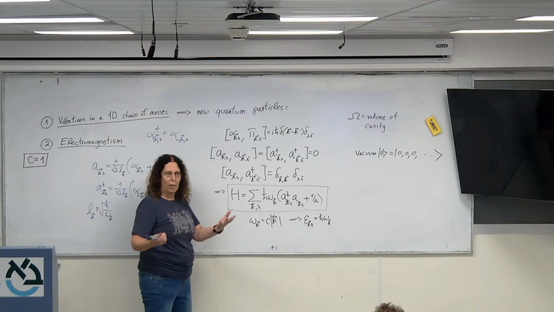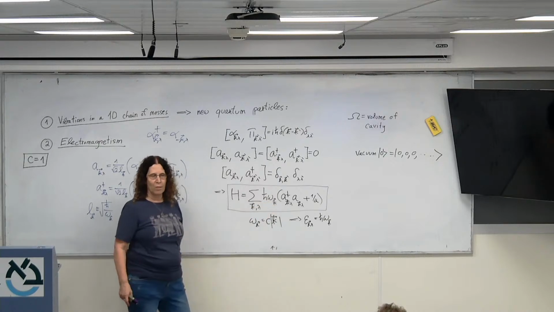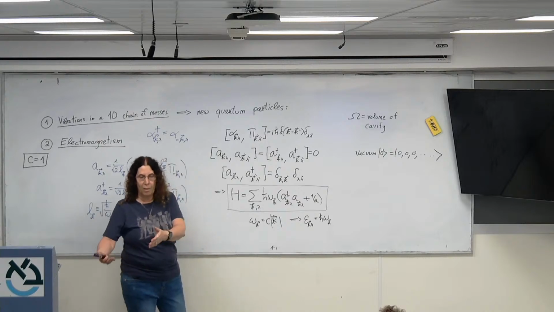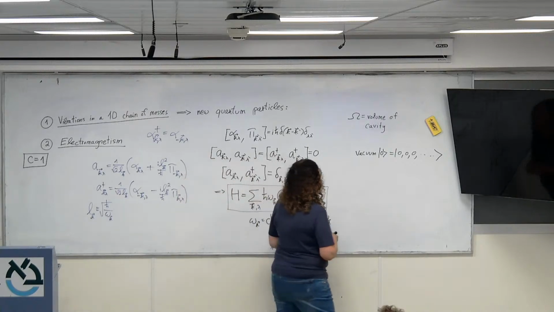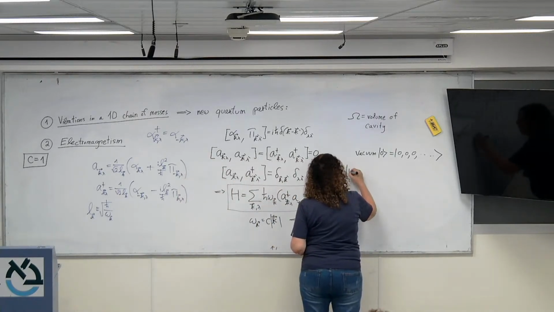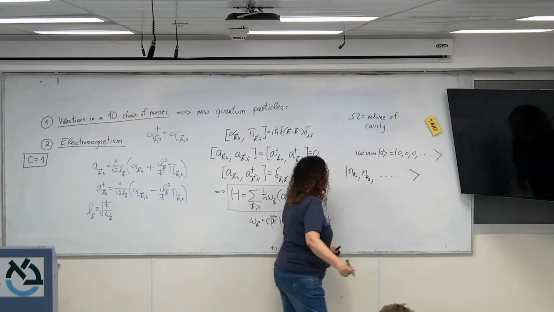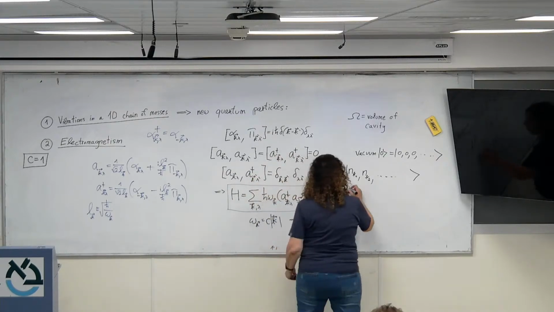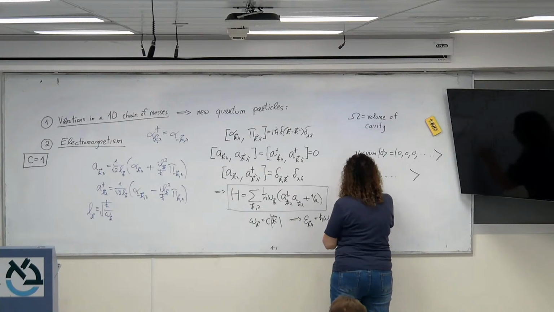Just like a generalization of the harmonic oscillator, I apply the creation operators a_kλ as many times as I like, and I get all the eigenstates of this Hamiltonian, and they are of the form |n_k1, n_k2, ...>, where the n are occupations.